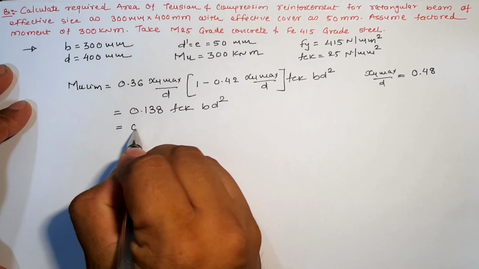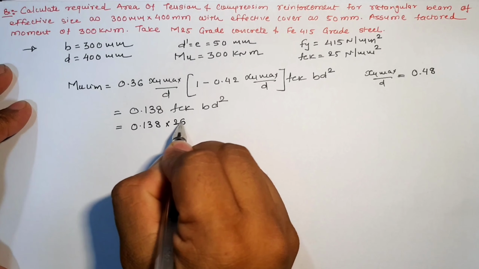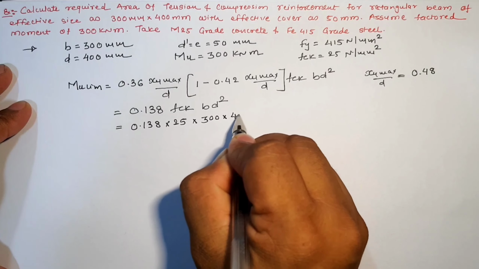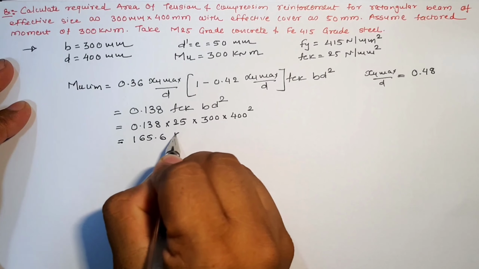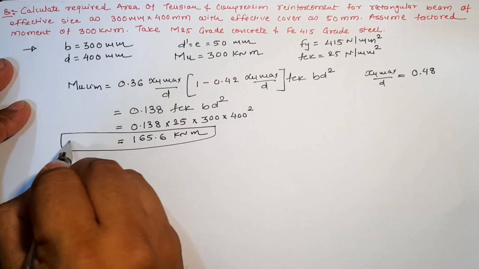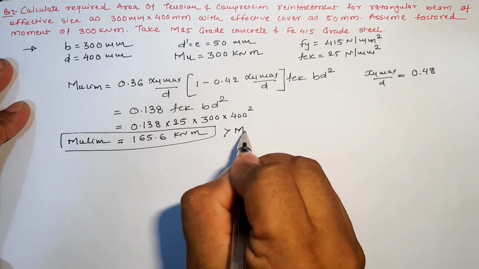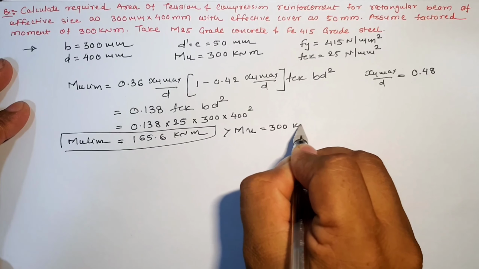Hence our Mu limiting value is 0.138, fck is given as 25, b and d is given as 300 and 400 respectively, equal to 165.6 kilonewton meter. So this value is our limiting value, which is less than Mu as 300 kilonewton meter.